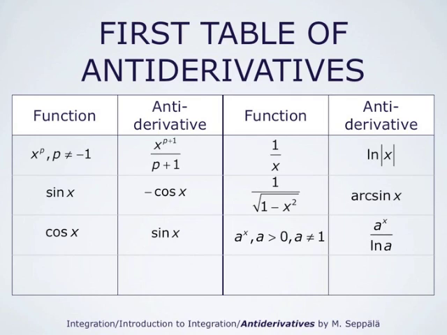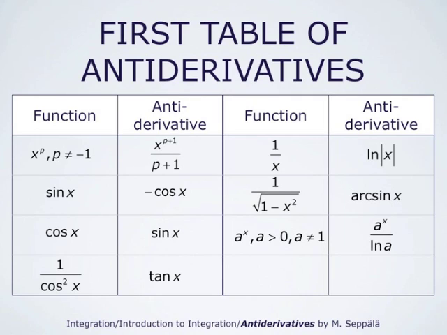This comes out immediately from the differentiation formula for the function a to the power x. If a is e, the base of natural logarithm, then we have that an antiderivative of the function e to the power x is e to the power x itself, because then ln of a would be ln of e, which is 1.